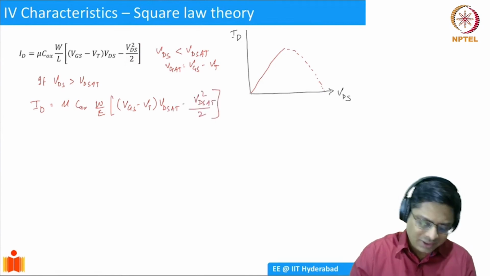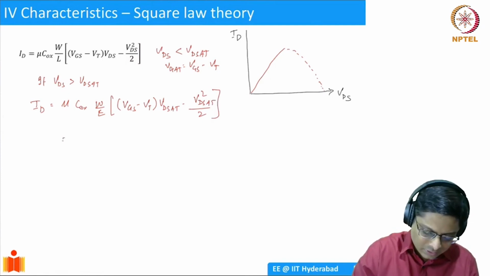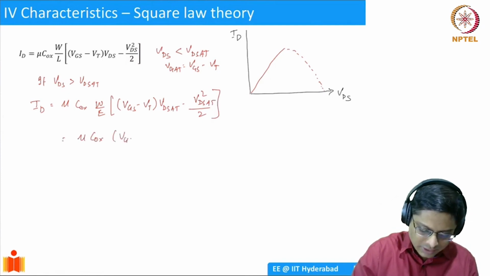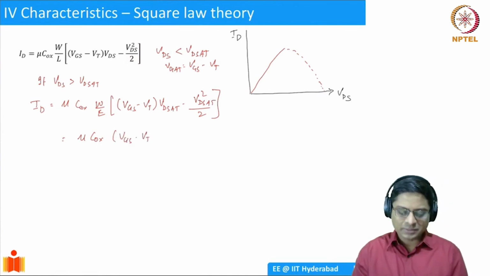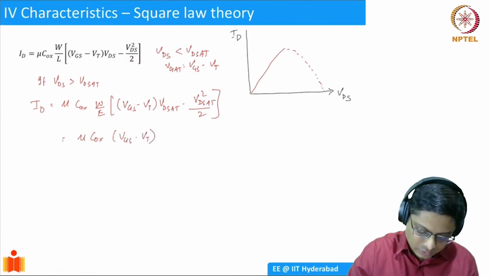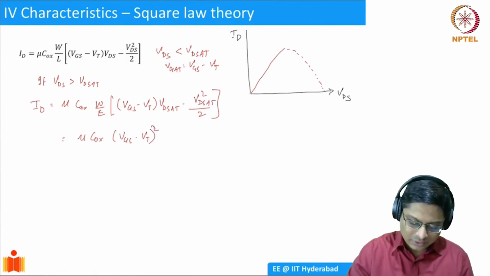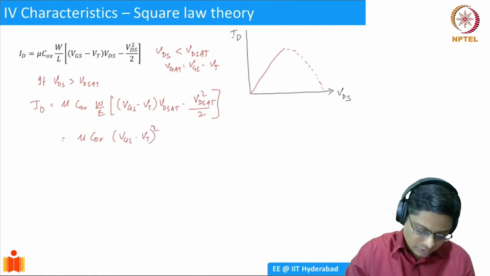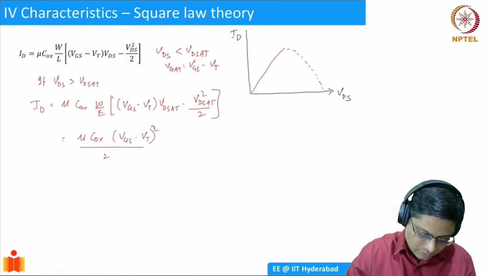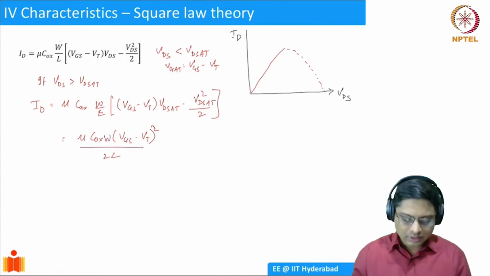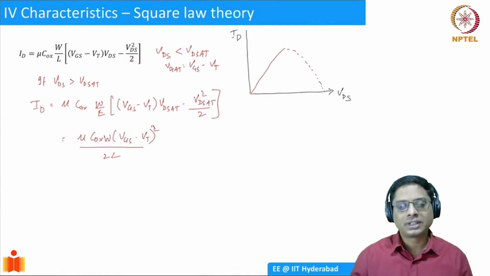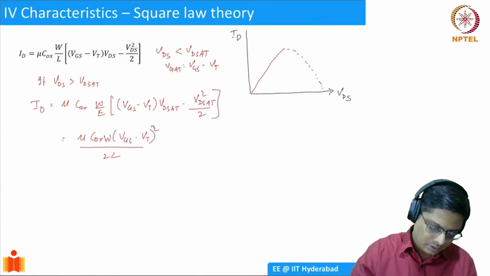Or you could actually substitute it back and you can write it as mu Cox Vgs minus Vt. Vd sat is Vgs minus Vt, so I can write it as whole square. And there's a half next to the second term. So basically this will become 2L, there's a W. So this is my current expression for a MOSFET in saturation. So this is ID in saturation.